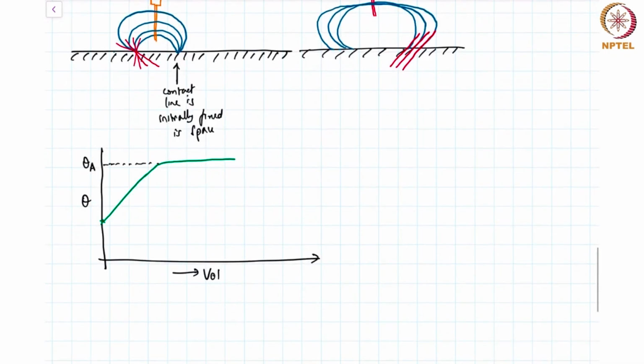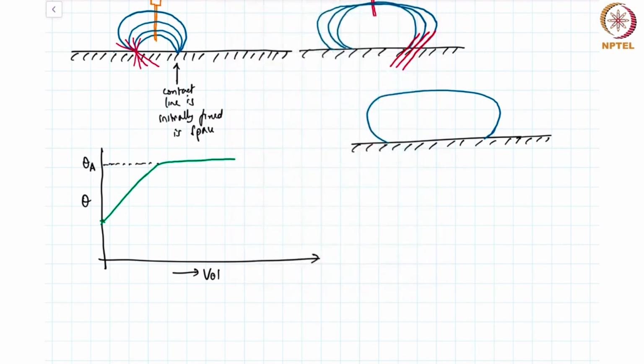So what kind of droplet do we have now? The situation that we have now is a droplet having an angle which is at theta A. That's theta A, right?